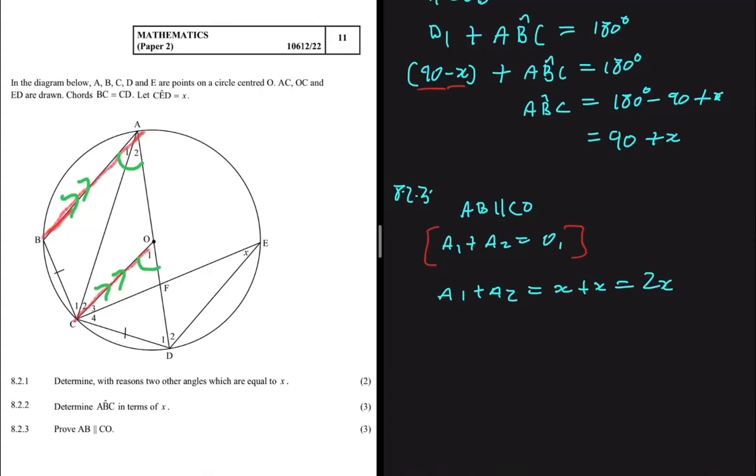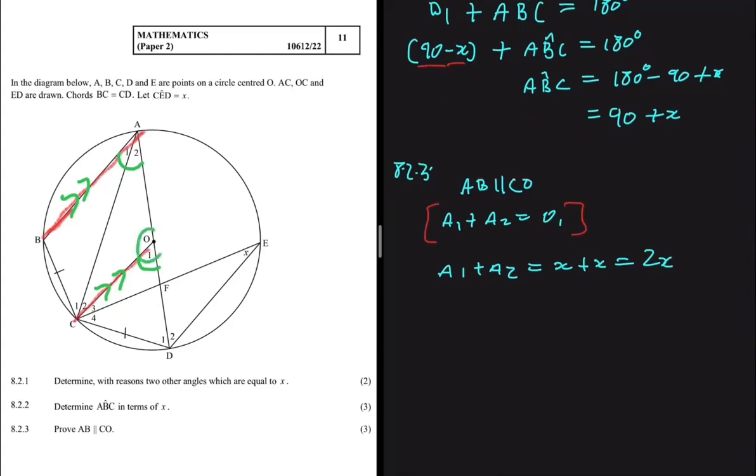But if you look here, you will realize that O1 is an angle at the center, and it should be 2 times the angle at the circumference, right? So O1 here should be 2 times angle E, right? And angle E is x.